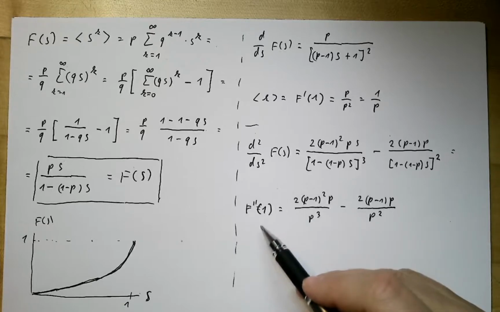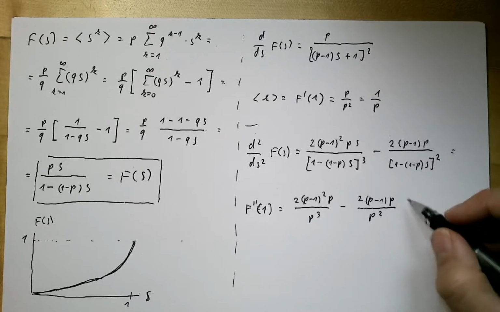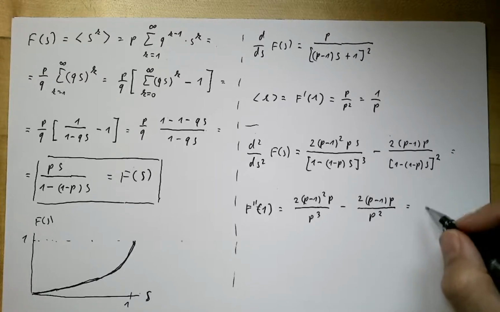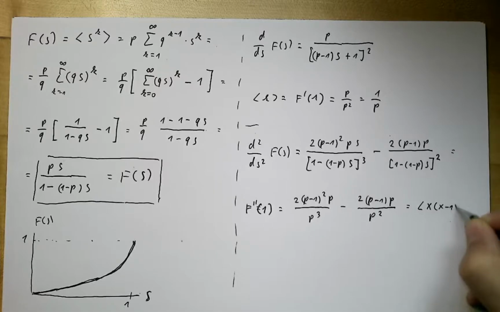And we know that this here is the expectation value of x times (x minus 1).